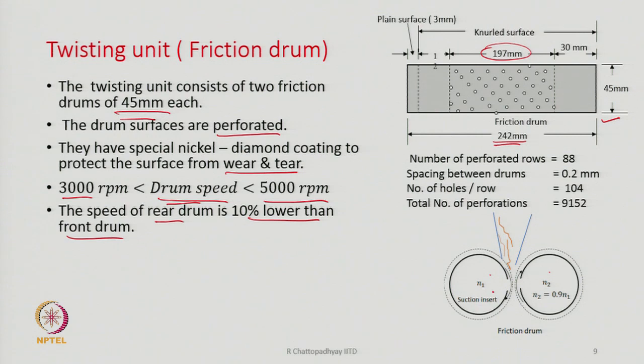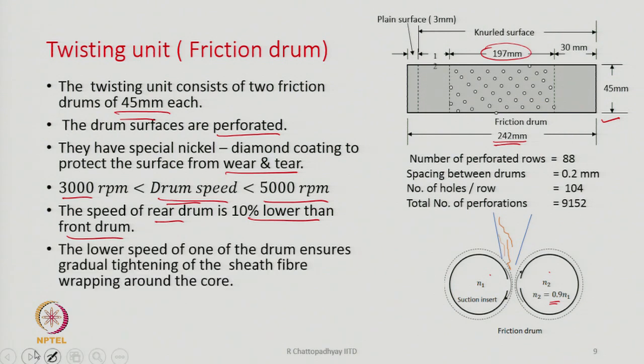Suppose N1 is the front drum, then N2 is a little less than it, around 0.9 N1. Why is this done? The lower speed of one of the drums ensures gradual tightening of the sheath fibers wrapping around the core. That is the reason why there is a little difference in the speed of the two drums.